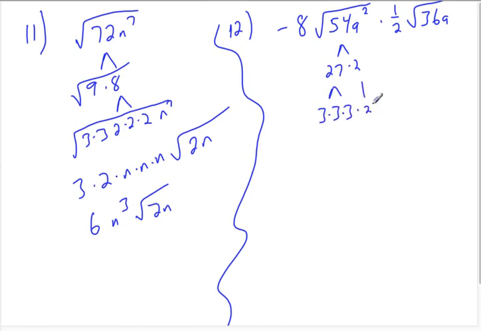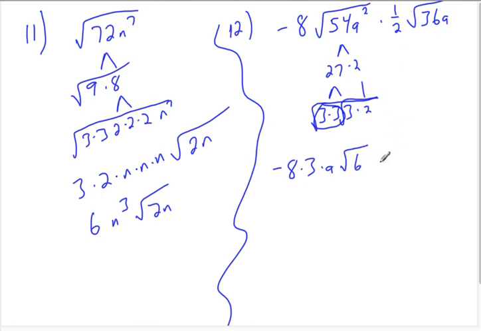So we have that 2, okay, 3, 9, 27. Okay, so we get 2 3s. We can pull out one of them. So we end up with negative 8 times 3, and that a squared we can pull out, so times a, and then what's left in the root is 6.